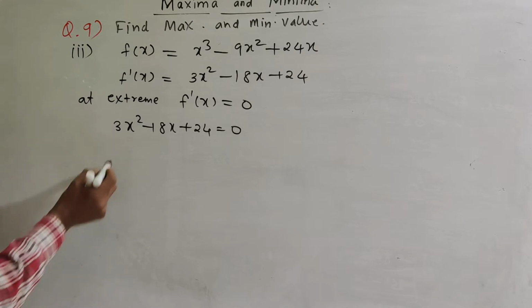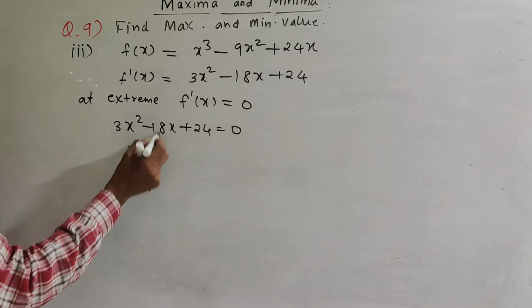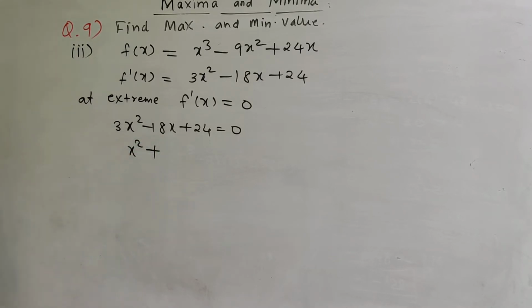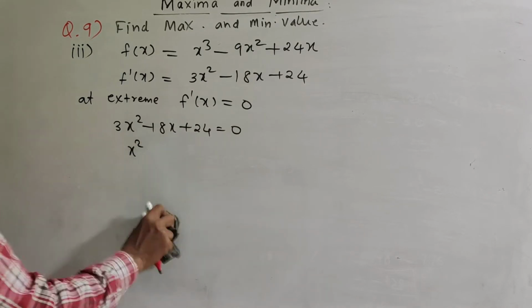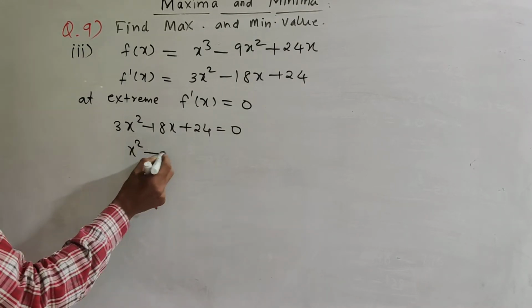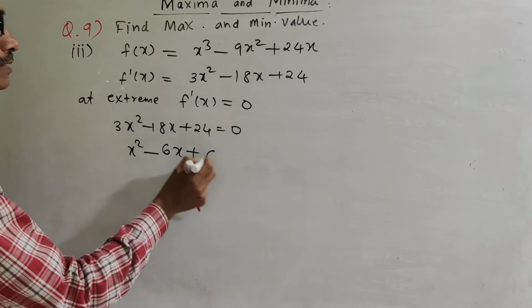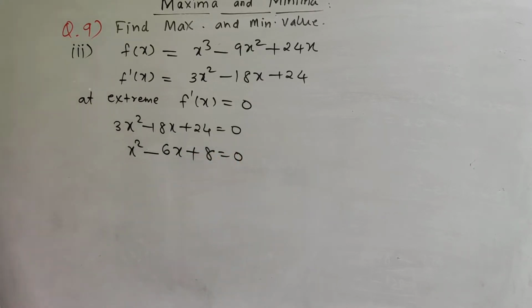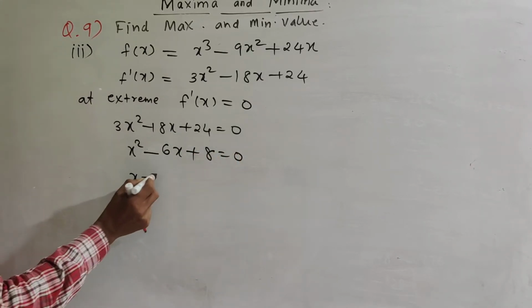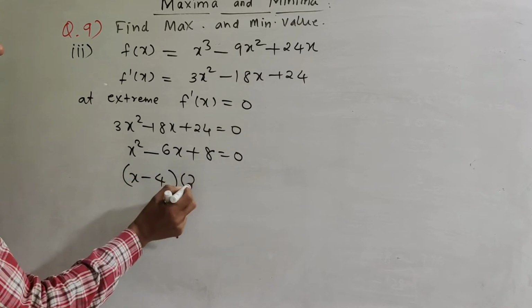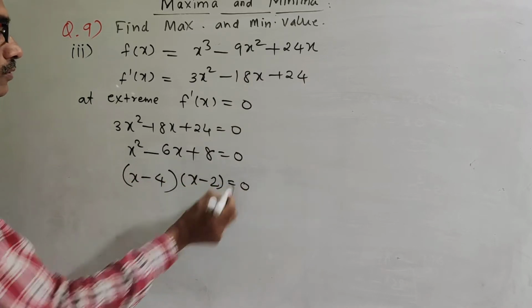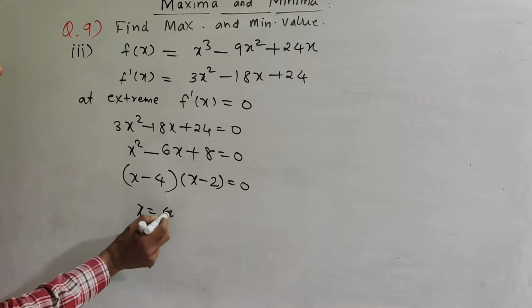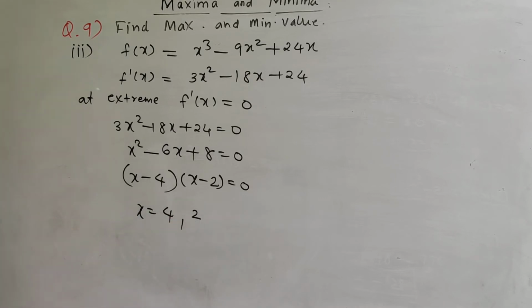That means x square minus 6x plus 8 is equal to 0. So (x minus 4)(x minus 2) is 0. We are getting two stationary points, one is 4 and another is 2.